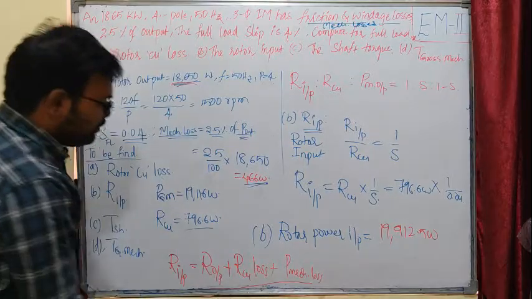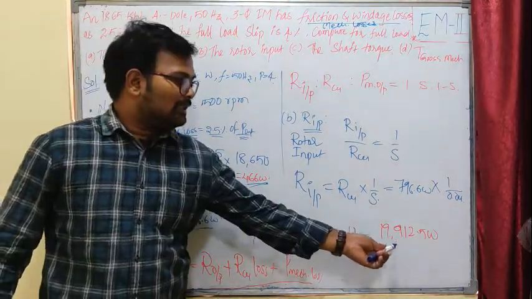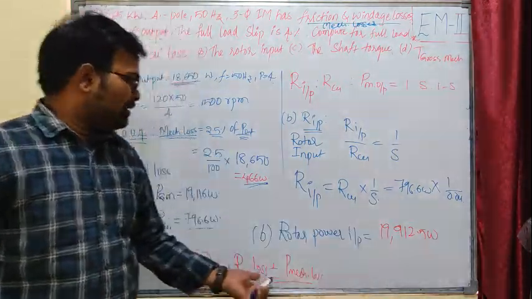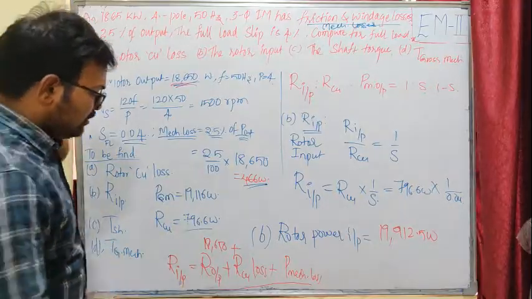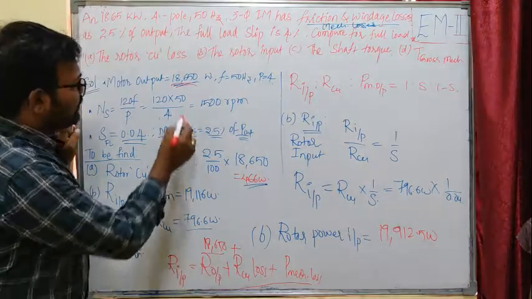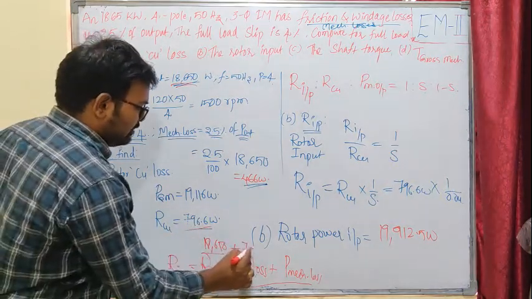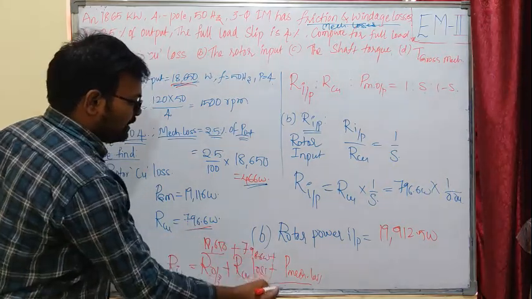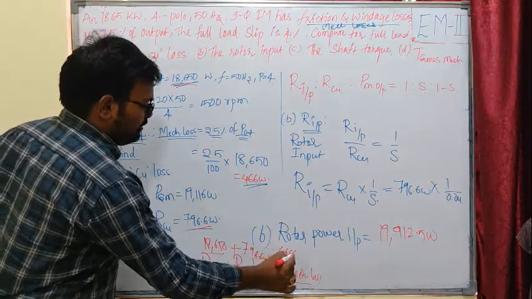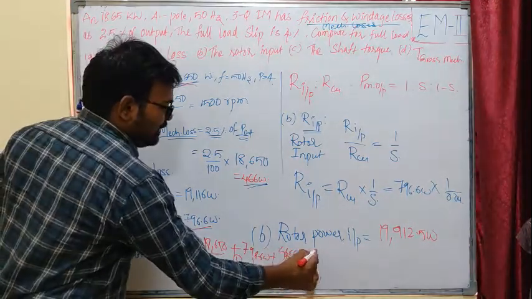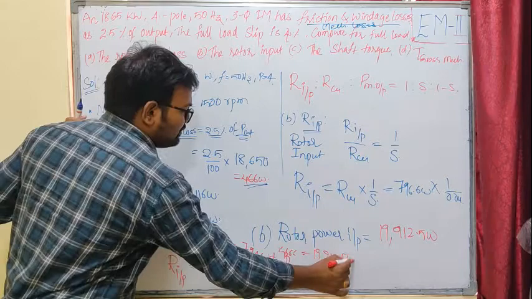These three will add up to my rotor input, that is 19,912.5 watts. If you have any doubt, you can add up all the values. Rotor output is given data 18,650, rotor copper loss is 796.6 watts, plus mechanical losses are 466 watts. This will add up to my 19,912.5 watts, my rotor input.